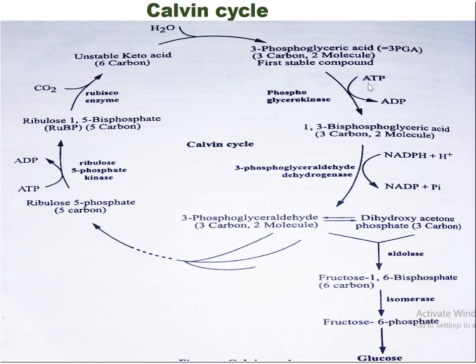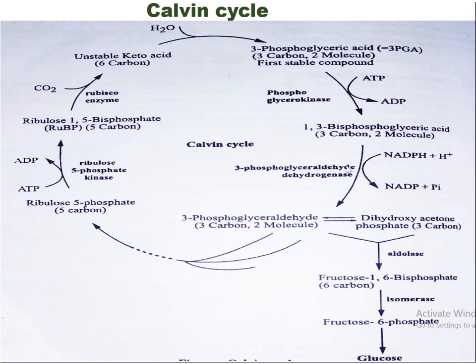As a result, this ATP turns into ADP, and by receiving an inorganic phosphate from this ATP, this 3-phosphoglyceric acid is phosphorylated into 1,3-bisphosphoglyceric acid, 1,3-BPGA. And this reaction is regulated by the enzyme phosphoglycerokinase. Here, the enzyme kinase, and you know the kinase is the enzyme that catalyzes the reaction of phosphorylation.